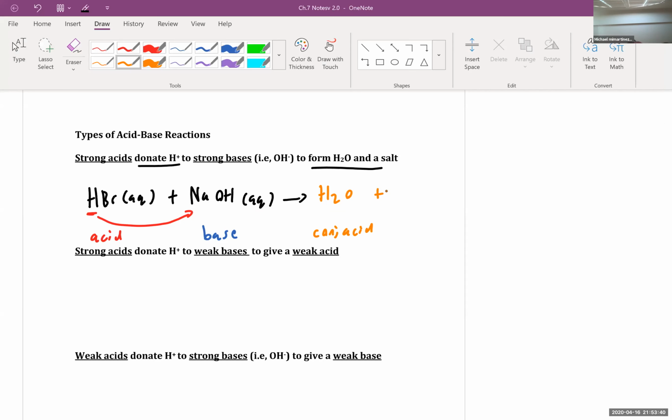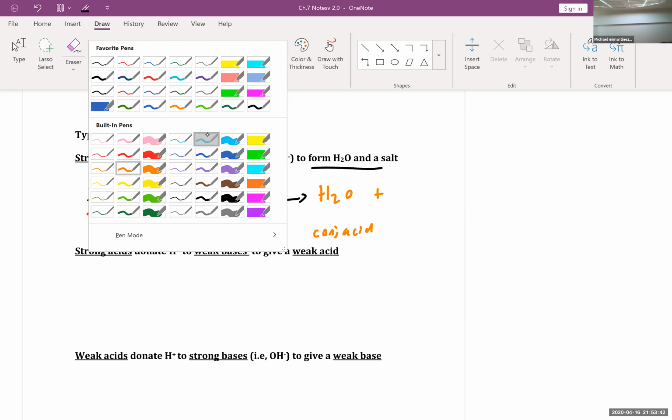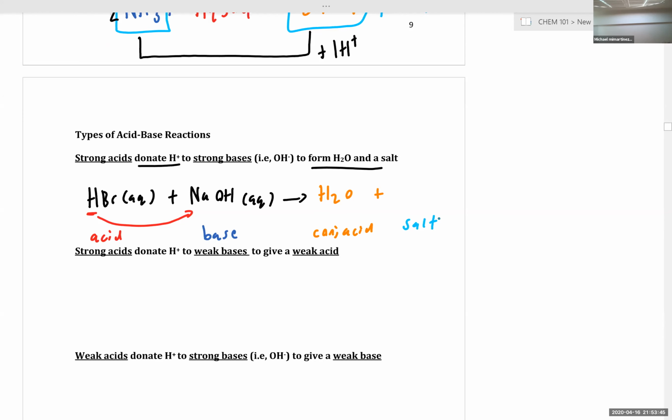And then we generate as an additional byproduct a salt, which contains the conjugate base. So bromide is our genuine conjugate base. Now, one thing I want you to focus on, I always like to box the salt in acid-base reactions because it gives you an incredible clue on how to balance your reaction stoichiometry.